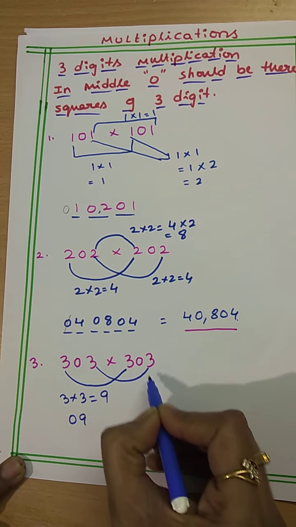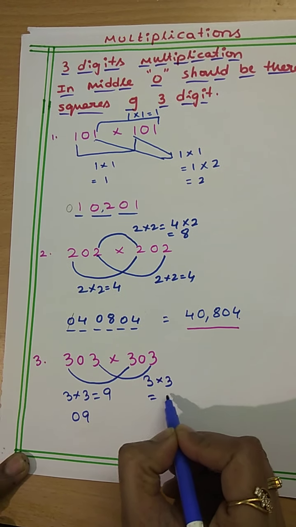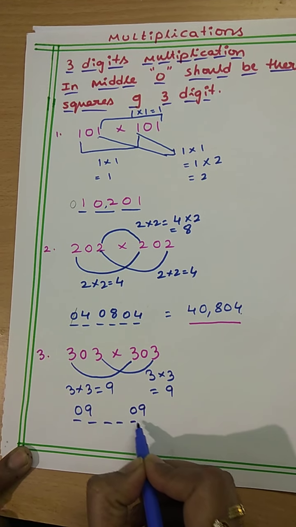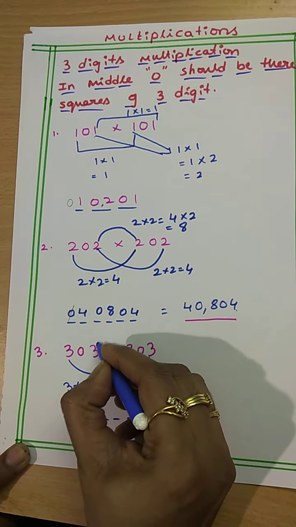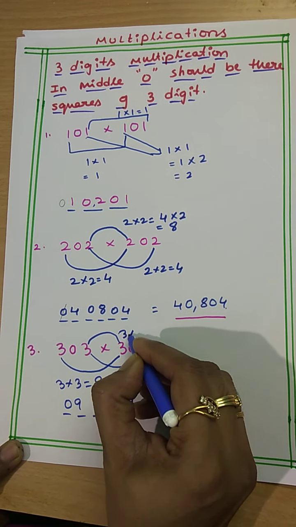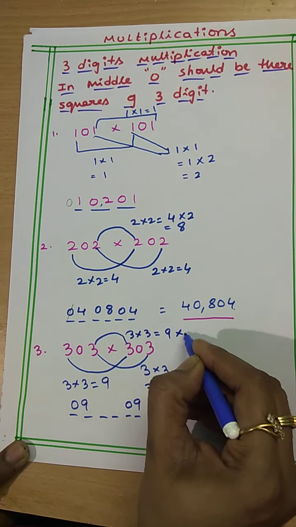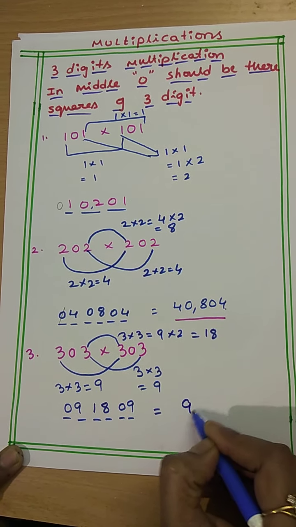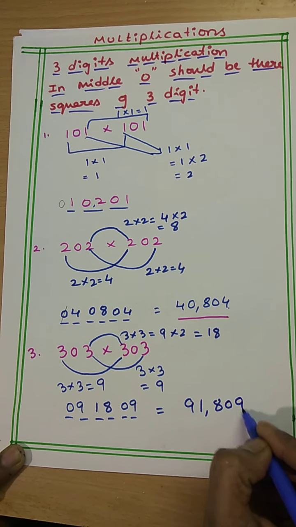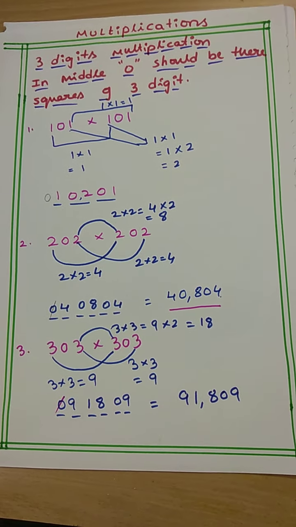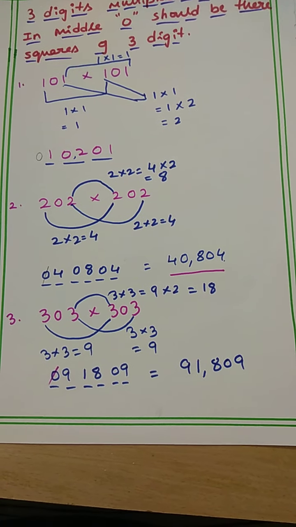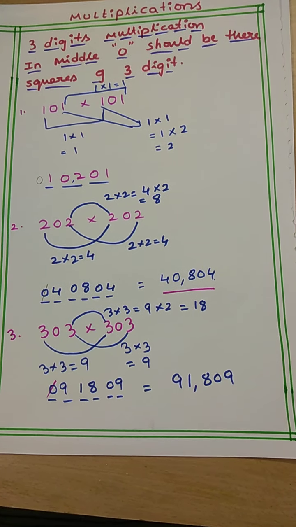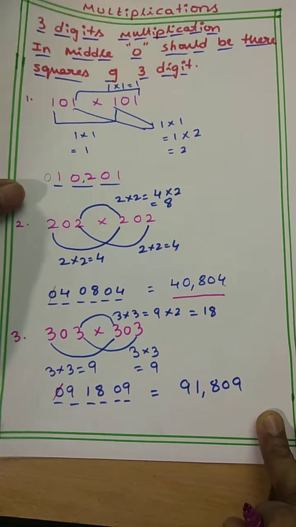After that, 3 into 3 is again 9, so write 09. There will be 6 digits. Then 3 into 3 is 9, 9 into 2 is 18, so write 18 here. So the answer will be 91,809, where the leading 0 is negligible. So 303 into 303 is 91,809.